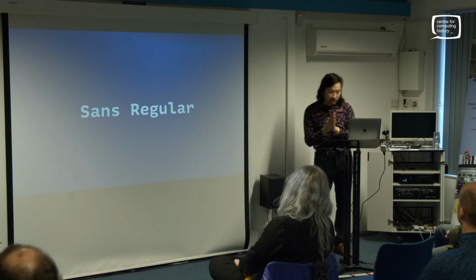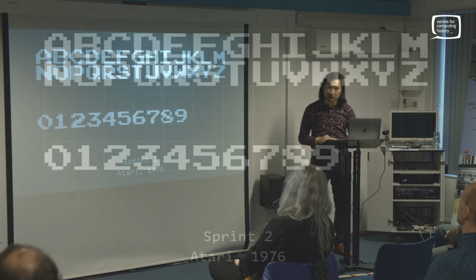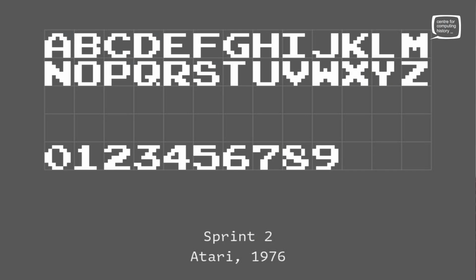And starting with the most famous example is the Atari typeface. And it still says Sprint 2. Atari in 1976, I think there was another studio, a smaller one called Kee Games. They made a game called The Quiz Show, and quiz games need a lot of letters, so they made a typeface for that.